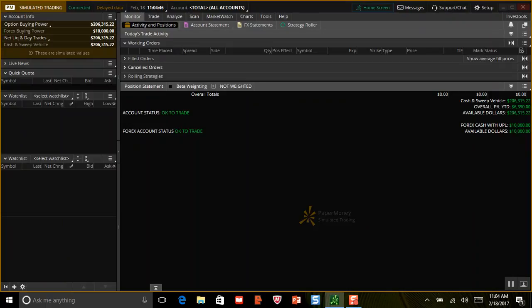And as you can see in the upper left hand corner, that's how much paper trading money I have. $206,315. I started with $200,000 and I made some paper money, $6,000. Wish it was real money, but paper trading money is as good as any for practice, right?